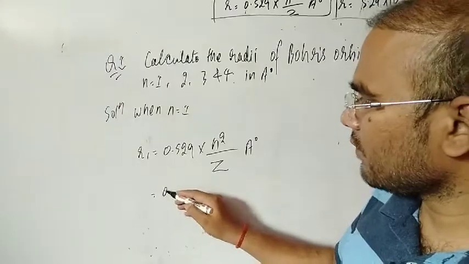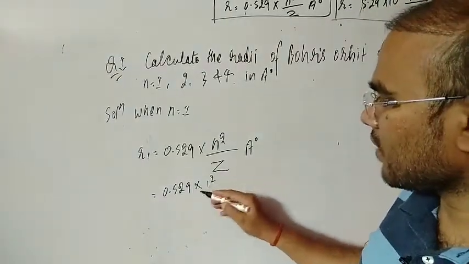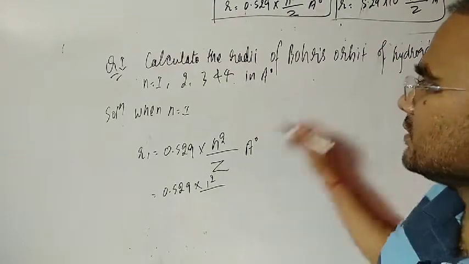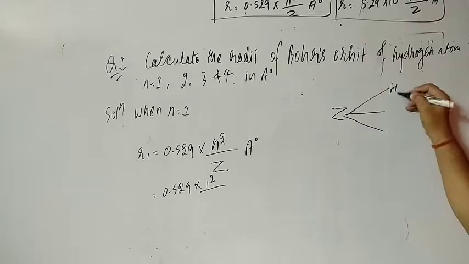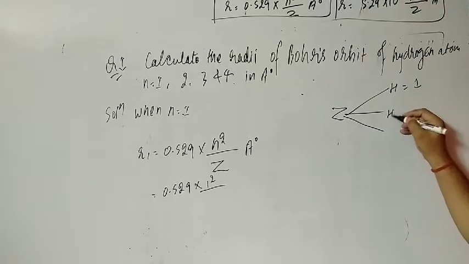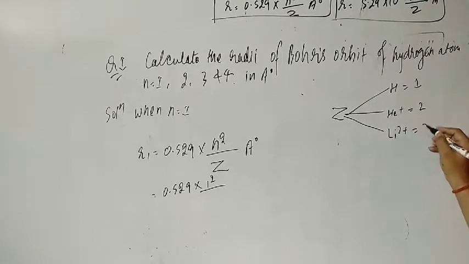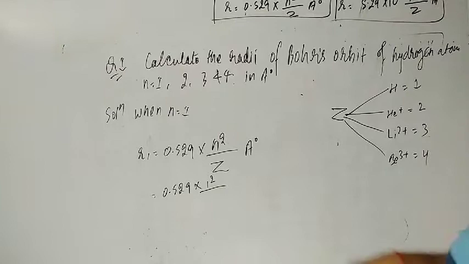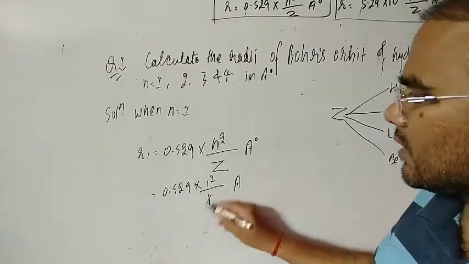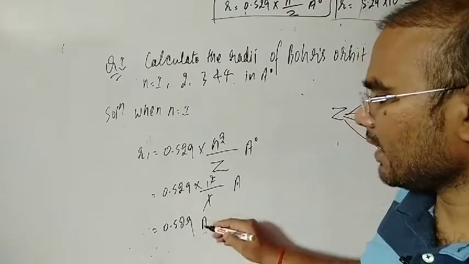That is 0.529 into 1 square over the atomic number of hydrogen. As I already told you, for hydrogen Z is 1, for helium plus it is 2, for lithium 2 plus it is 3, and for beryllium 3 plus it is 4. So put the value 1 angstrom, this 1 cancels out, and it comes to 0.529 angstrom.